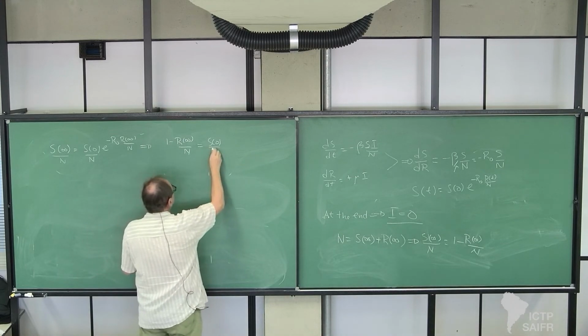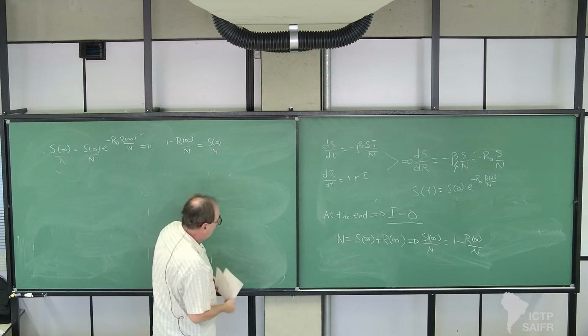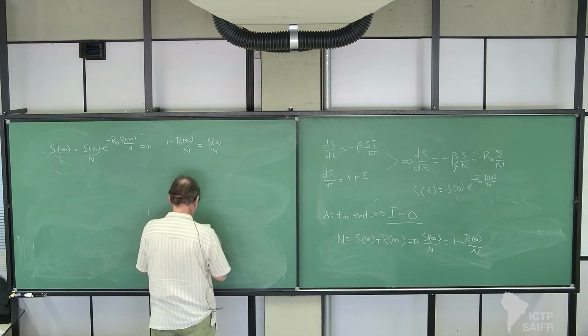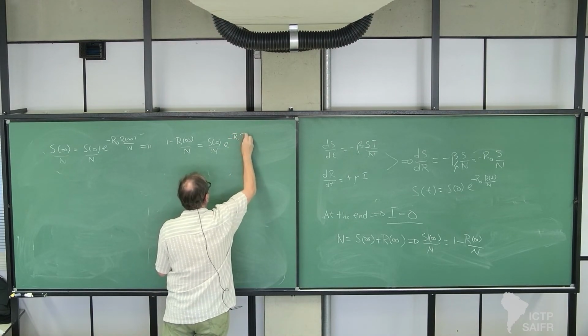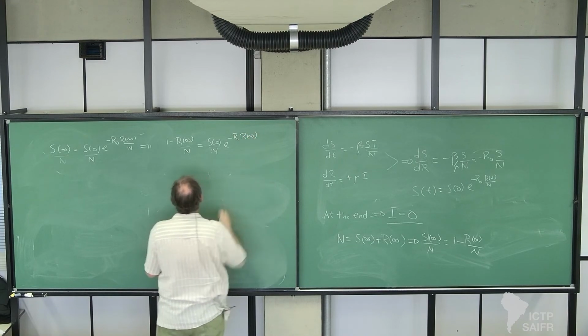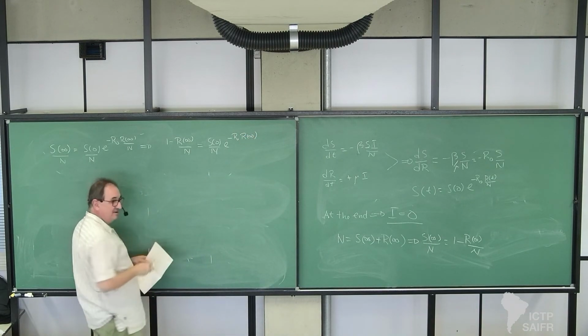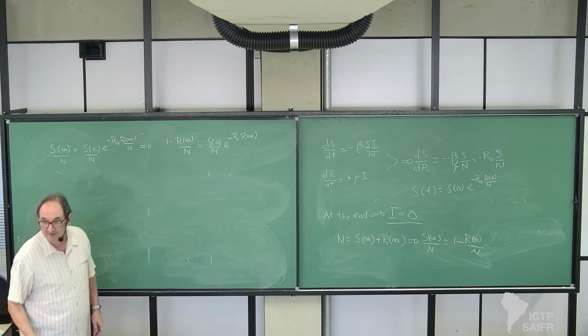S0 over n will be this, e to minus r0 r infinity. This is an equation only for r0.